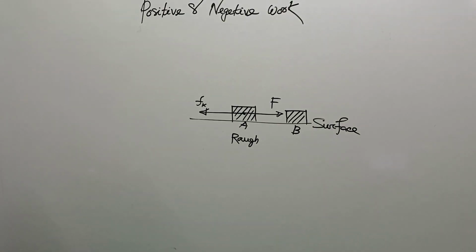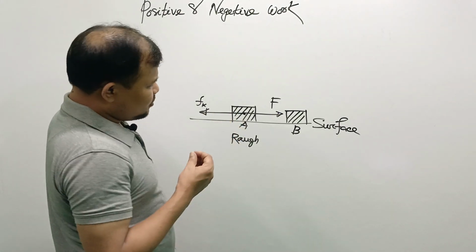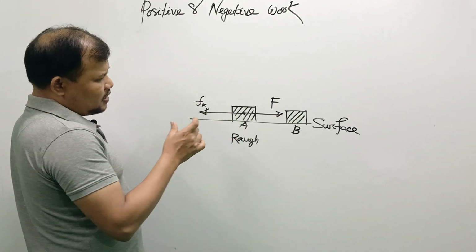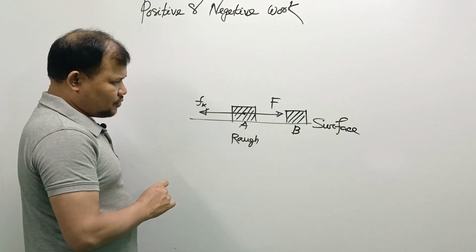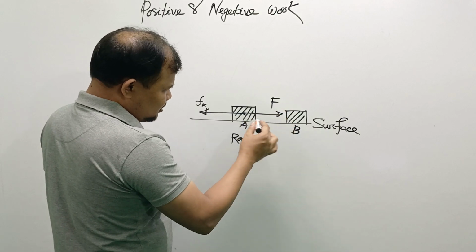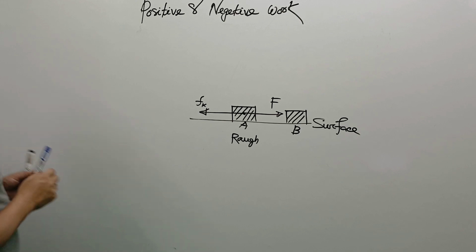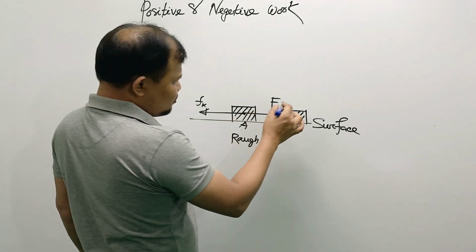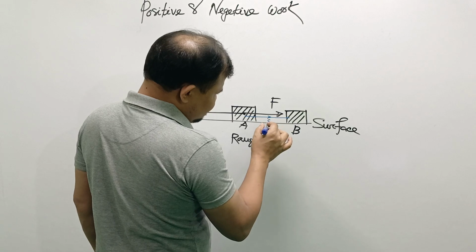My dear students, try to understand what is actually happening here. We can see here the applied force and here the frictional force. The direction of the applied force and the direction of the displacement is the same.